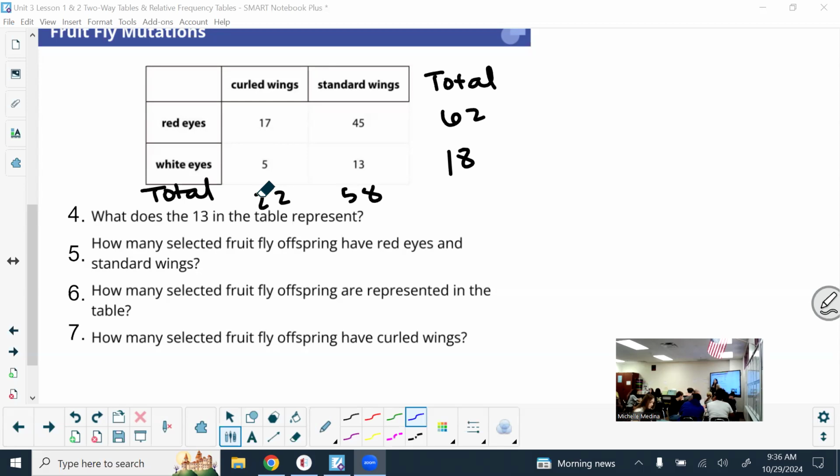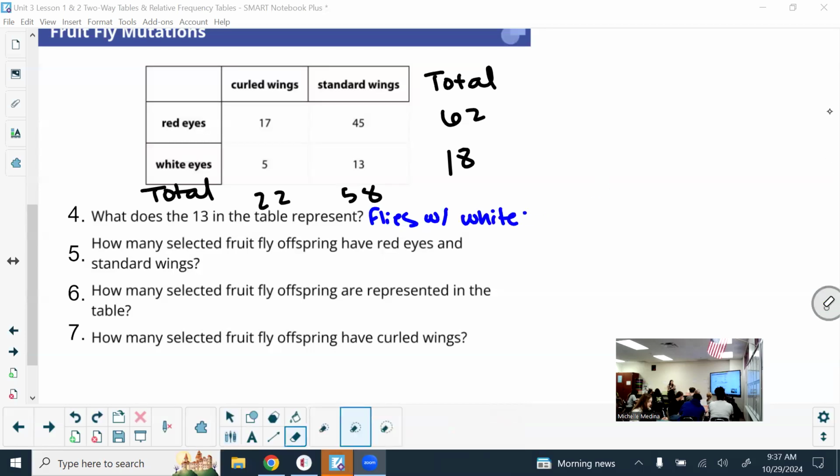So, table 6. What does the 13 in the table represent? So the flies with both the white eyes and standard wings. Right?